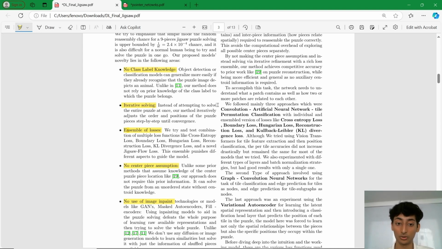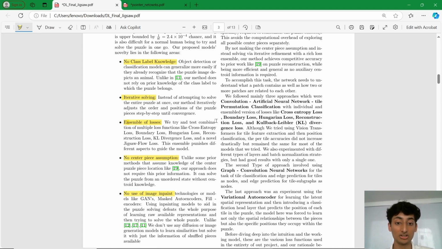Second is iterative solving. Instead of attempting to solve the entire puzzle at once, like in the previous papers that we saw, where you give a shuffled image as an input and it gives you a solved image as an output, our model iteratively adjusts the order and positions of the puzzle pieces step by step until convergence.